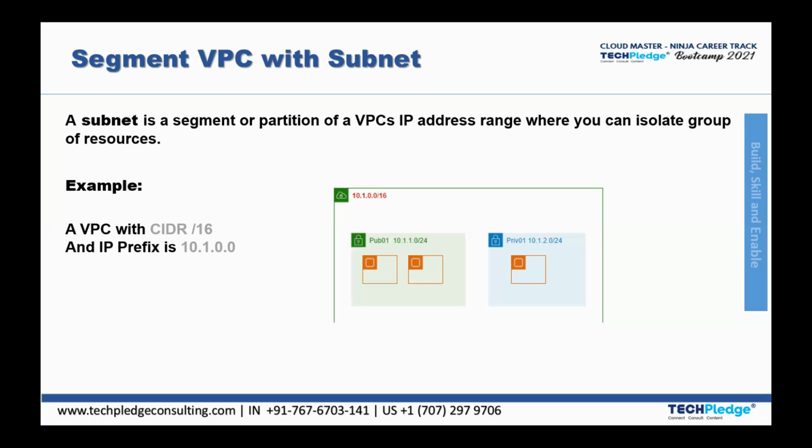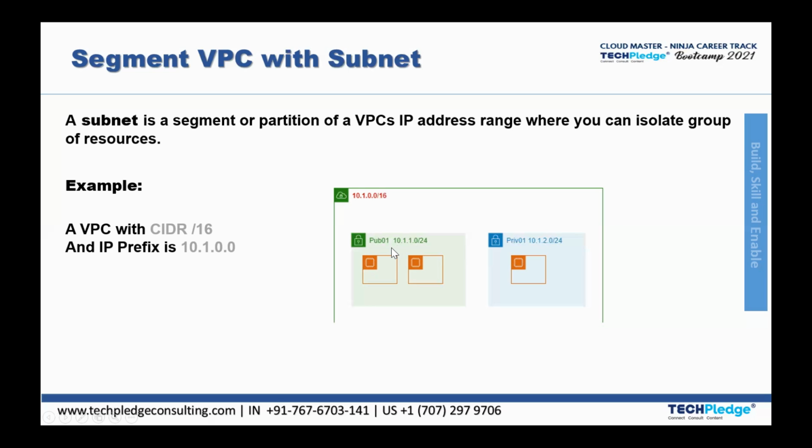And inside that VPC, we have got two IPs. Now, what are the two IPs? The two IPs are public and private IP. Now, let's take a look at what public means.